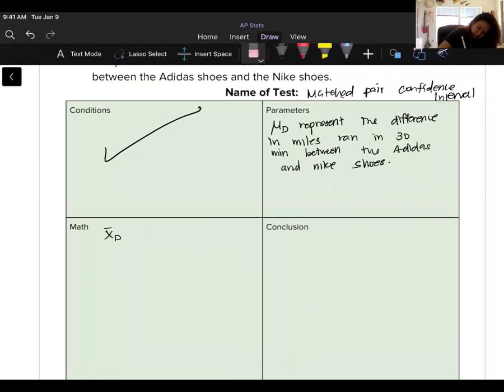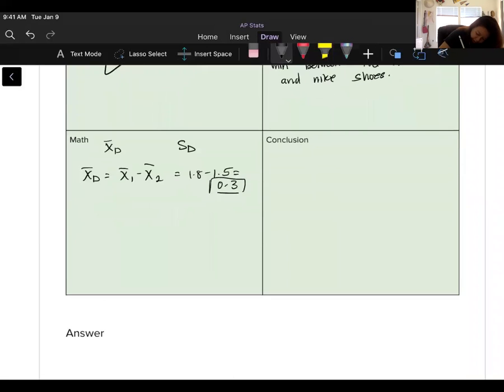So X bar D is just equal to X bar 1 minus X bar 2. So in this case, it's 1.8 minus 1.5, which is 0.3. For standard deviation, this is the square root of S1 squared over N1 plus S2 squared over N2.